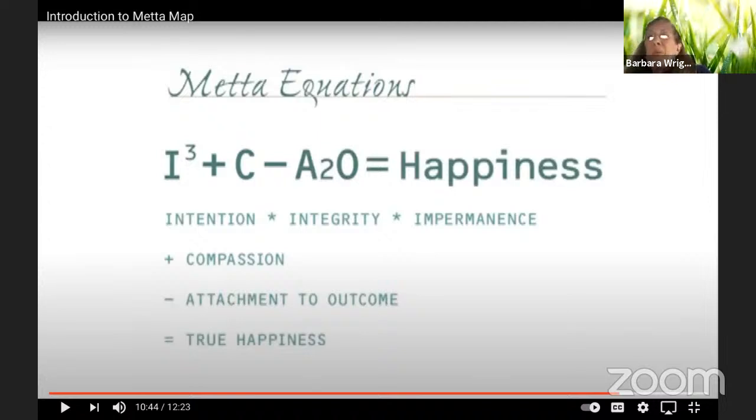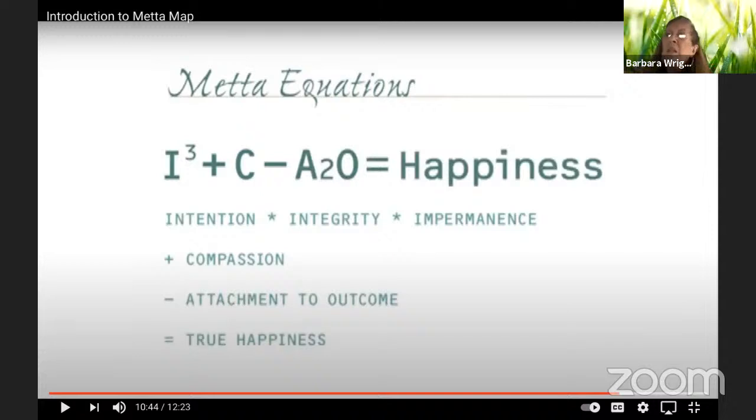If you have compassion for yourself and you go, I'm doing the best I can, and you get a C+, you will be happy. But if you have the intention of getting an A and you're attached to that intention and you have no compassion, that C+ is going to be horrible, isn't it? So that's what we're talking about.